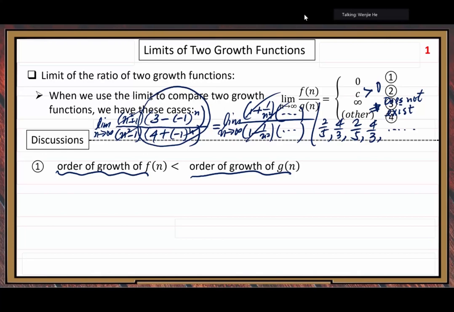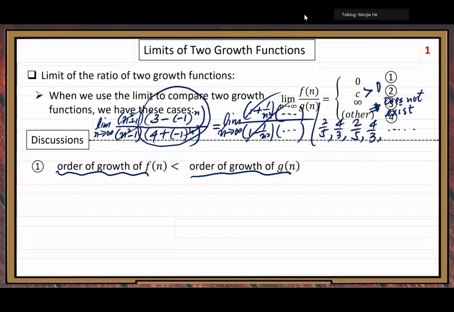The one that grows faster should have higher order, and the one that grows slower should have lower order. But what's the definition of order of growth? At this point it is still a little vague, hard to say clearly. Later I will try to describe this concept.